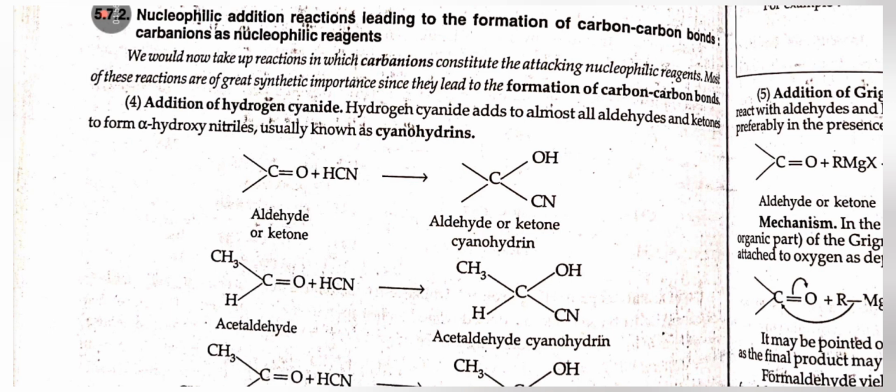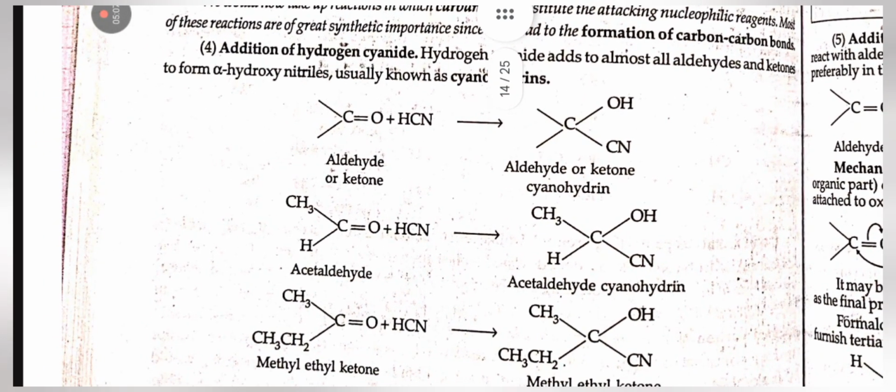Addition of hydrogen cyanide: HCN adds to almost all aldehydes and ketones to form alpha-hydroxy nitriles, usually known as cyanohydrins. Aldehyde or ketone on reaction with HCN gives aldehyde or ketone cyanohydrin.